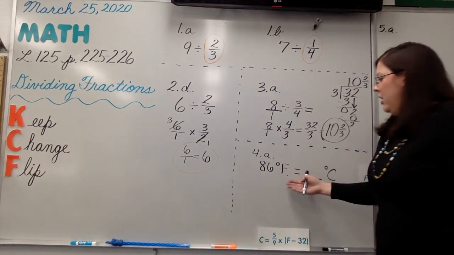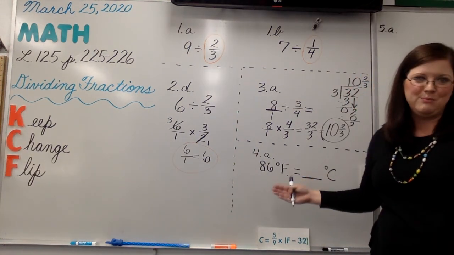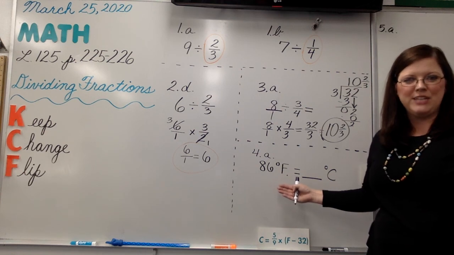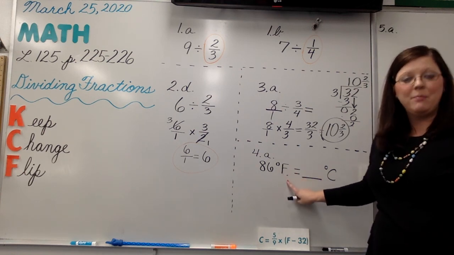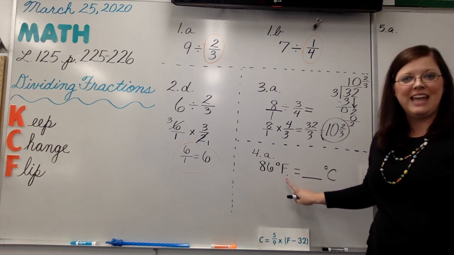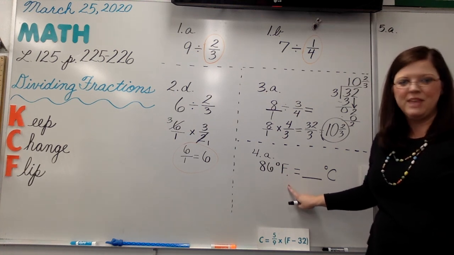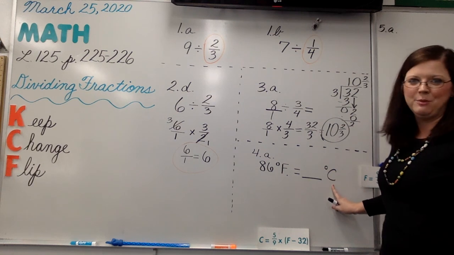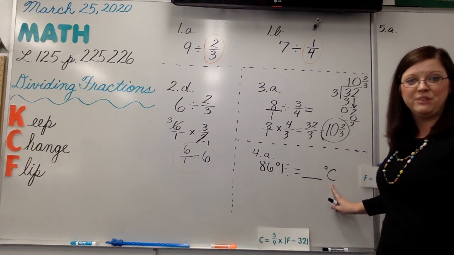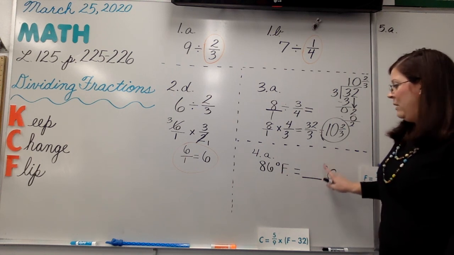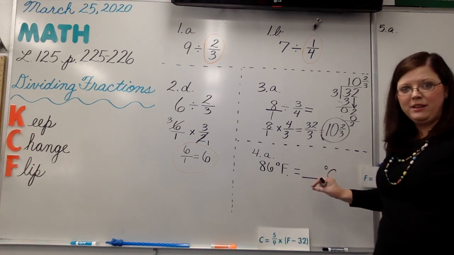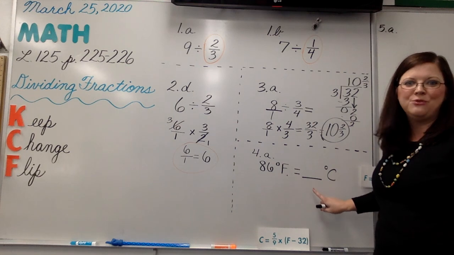So what we have here is a Fahrenheit temperature, 86 degrees Fahrenheit. Remember, Fahrenheit is always capitalized, and we always have a period at the end because this is an English abbreviation. Celsius is metric. It will not have a period at the end because it's a metric abbreviation, and that is the rule for that.